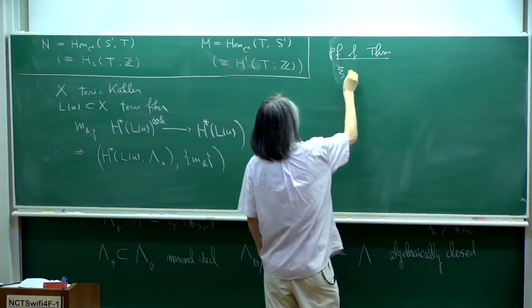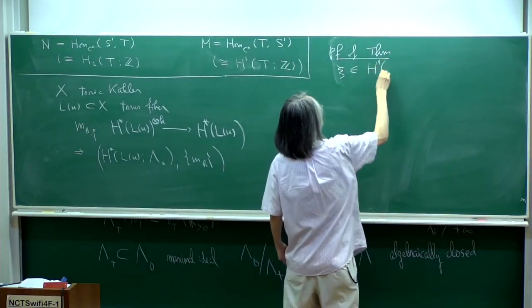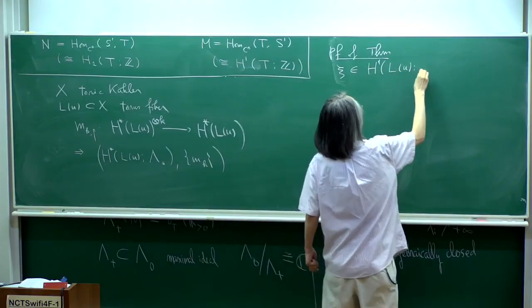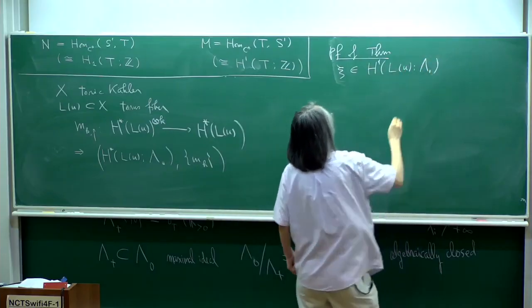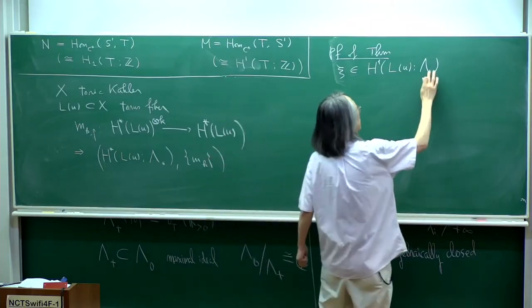So let Xi be an element from H1 of this U with lambda 0. Okay, maybe better to use lambda plus first.